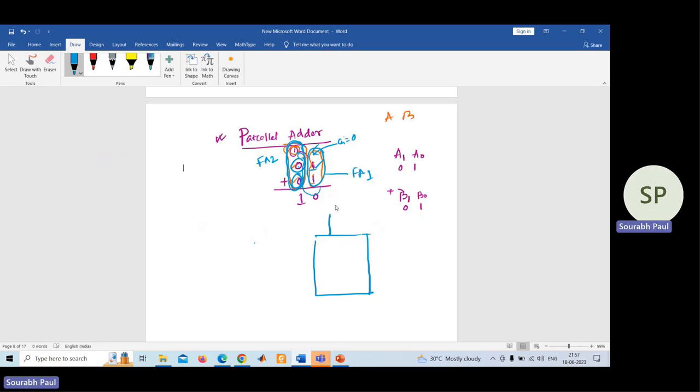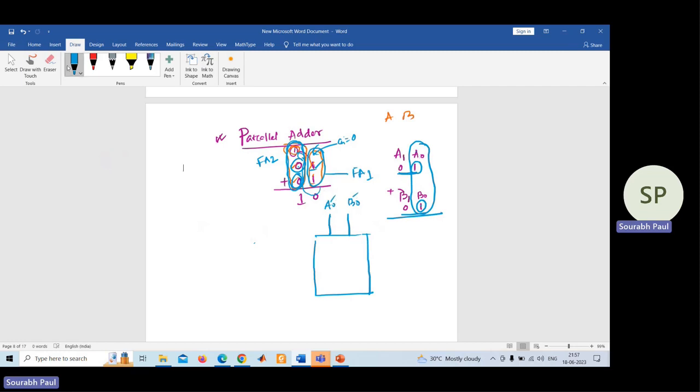One is input A0, the other is B0, because if these two numbers are given, 0101, for the addition purpose, you first need to add these two numbers, and each number has a single bit. So this is A0, this is B0.